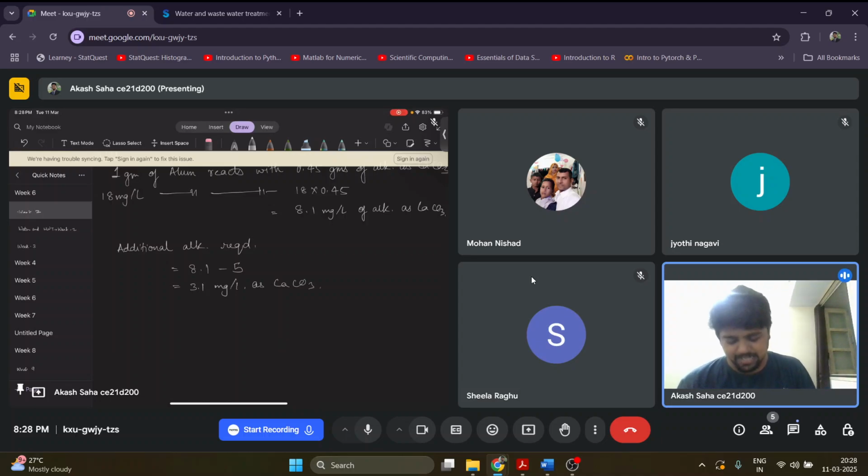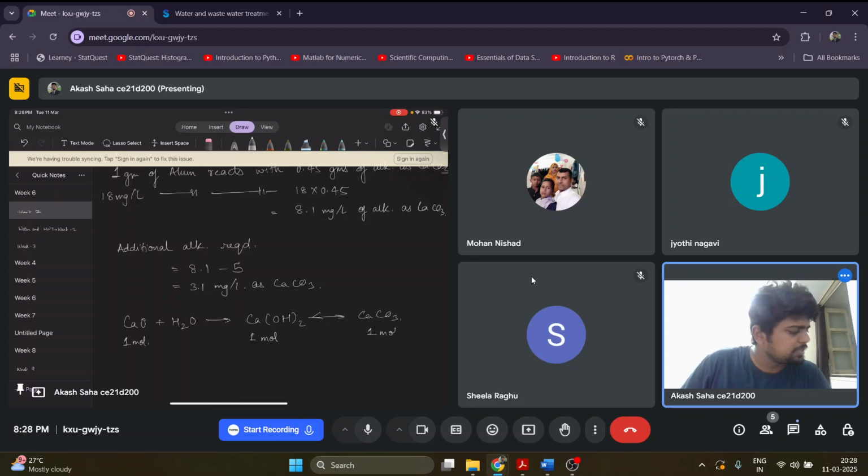Okay, but what we are adding? We are adding CaO. So the reaction will be like CaO will be hydrolyzed, and we will be getting Ca(OH)2, and then further it will be carbonated, and we will get it as CaCO3. So if we add 1 mole of CaO, we will get 1 mole of Ca(OH)2 to get 1 mole of CaCO3.